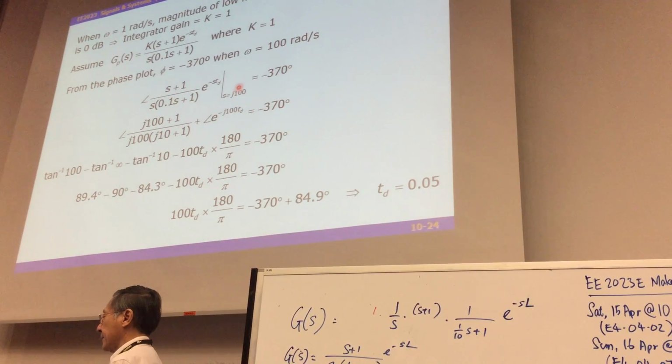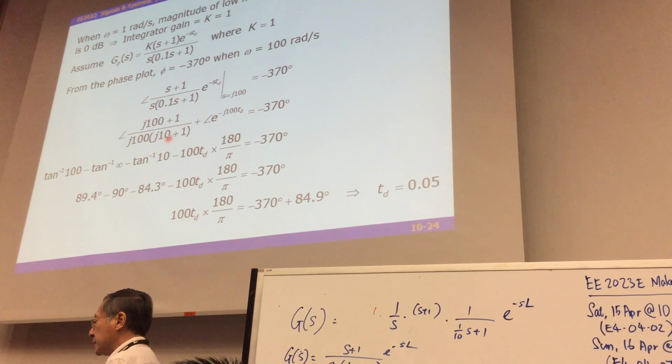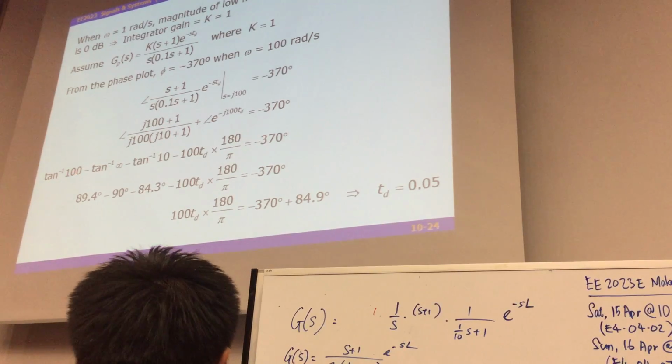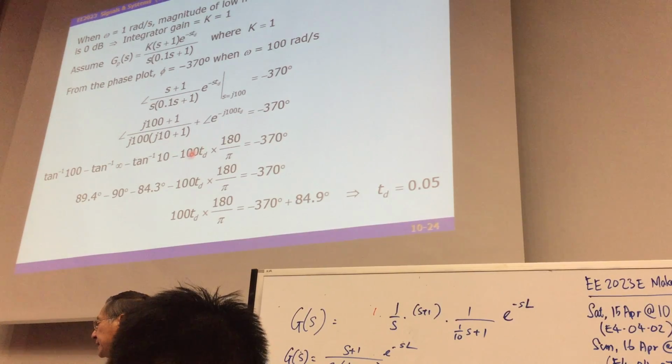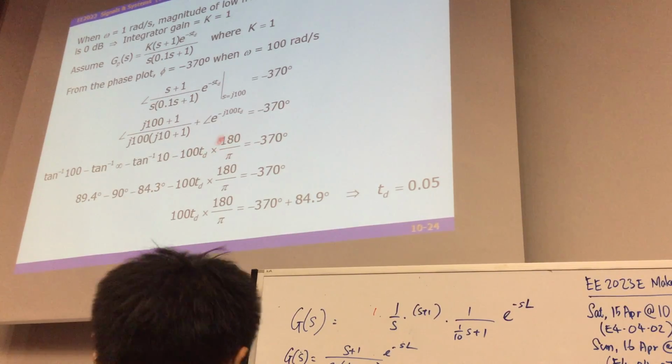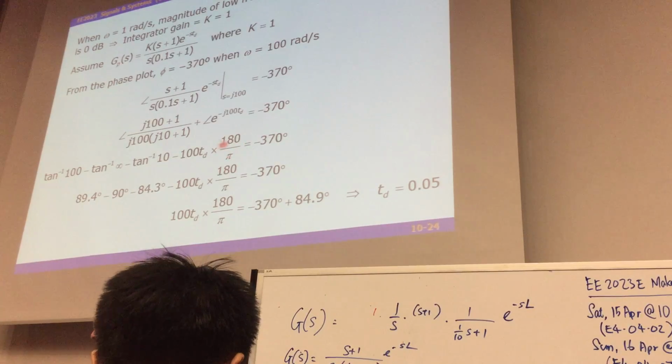Then I substitute inside the 0, first pole, second pole, and this third part is this. Each of these is calculated up here, and then 100 omega is here, and then converted to degrees, because it was all in radians.